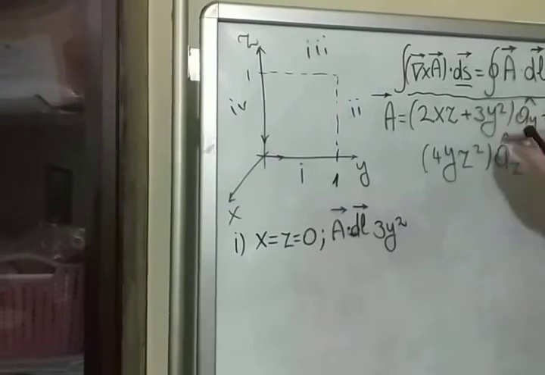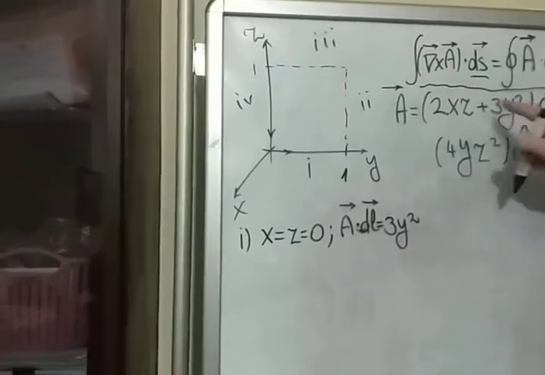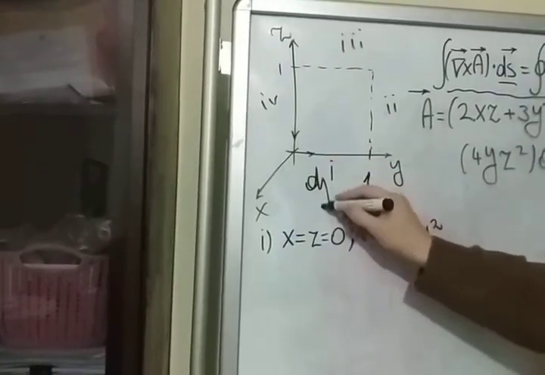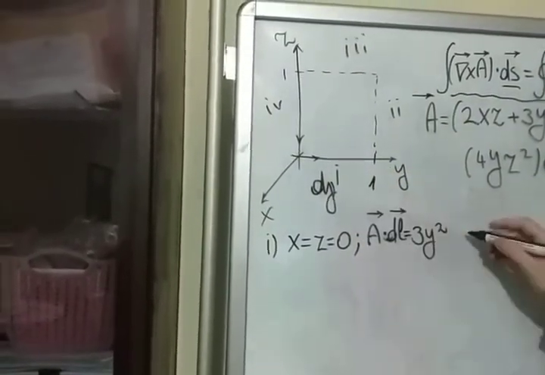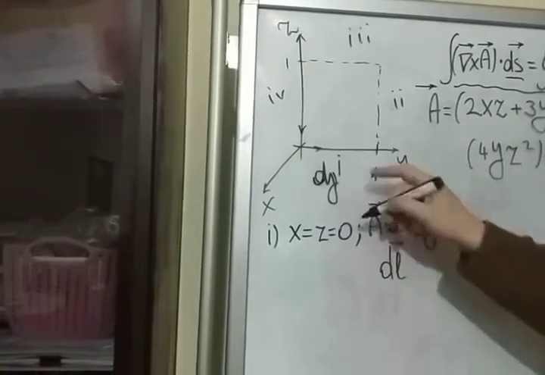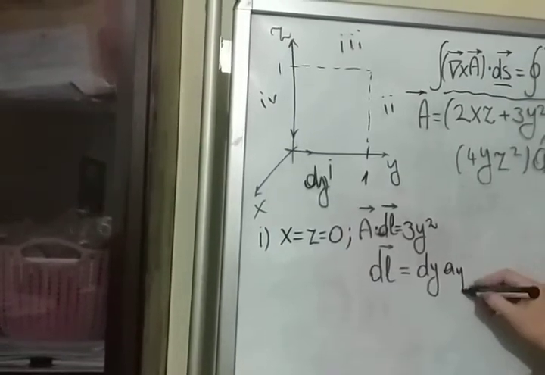So this is 3y squared along ay, and dl is also dy. This dl along the path 1 is equal to dy ay.